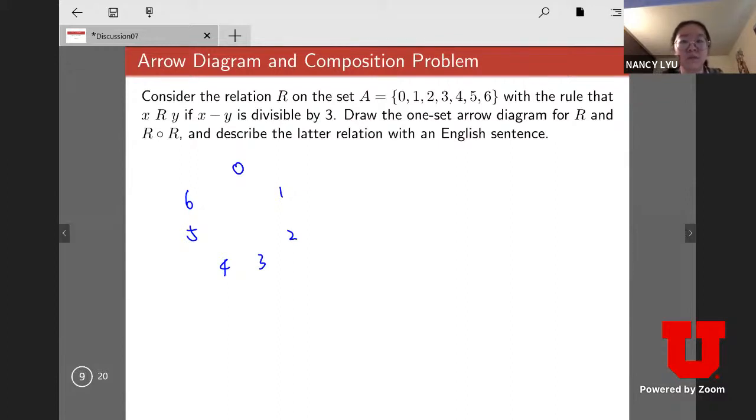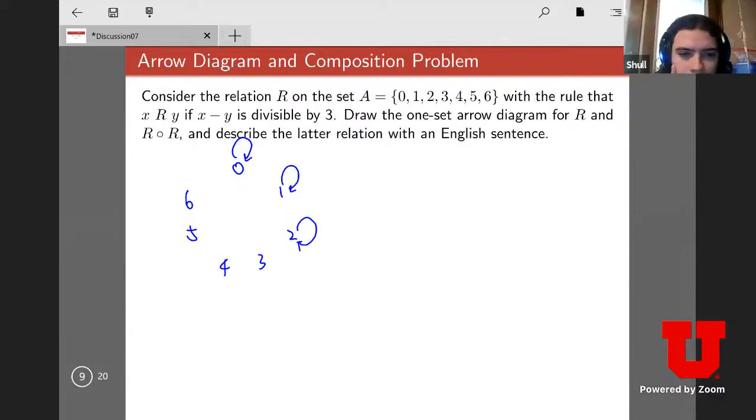So the first thing we notice is that each element has an arrow going back to itself, because 0 minus 0 is 0, 1 minus 1 is 0, 2 minus 2 is 0, and 0 is divisible by 3. So that's the first thing.